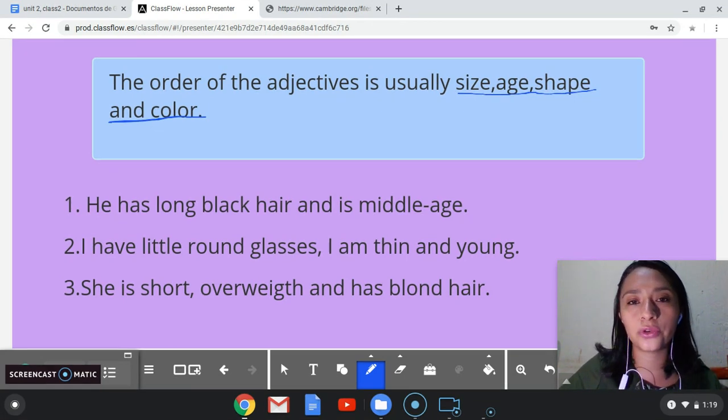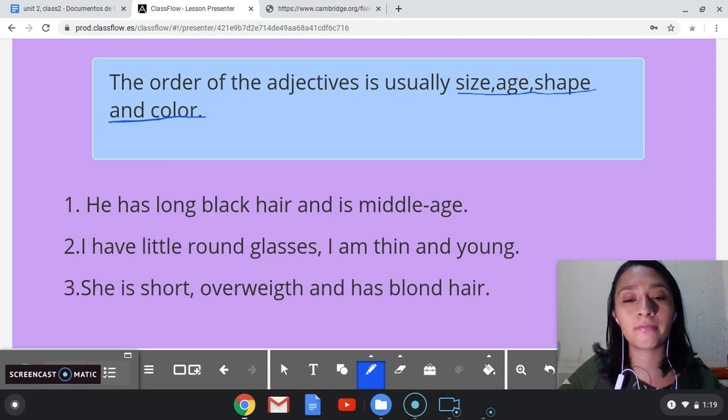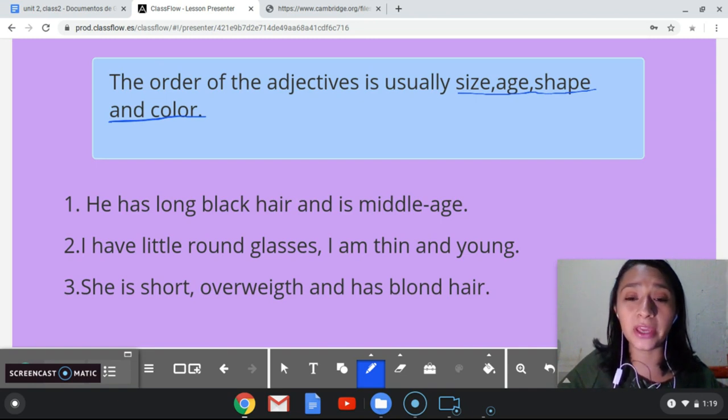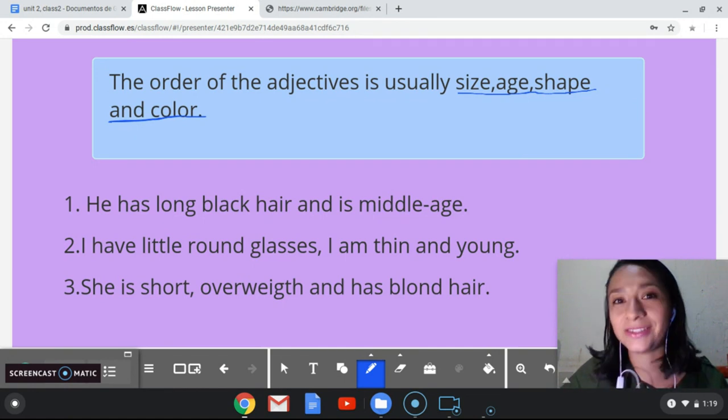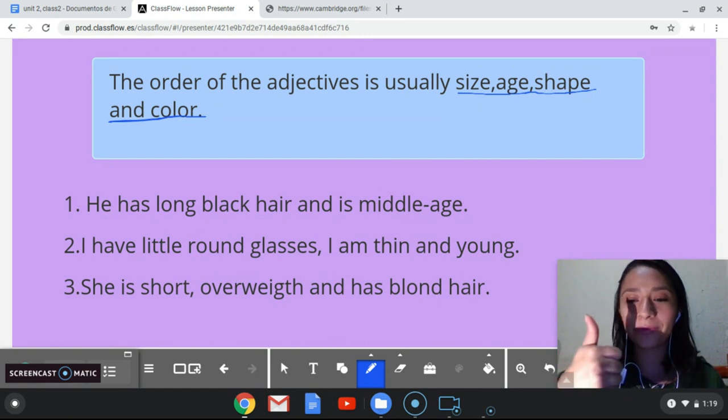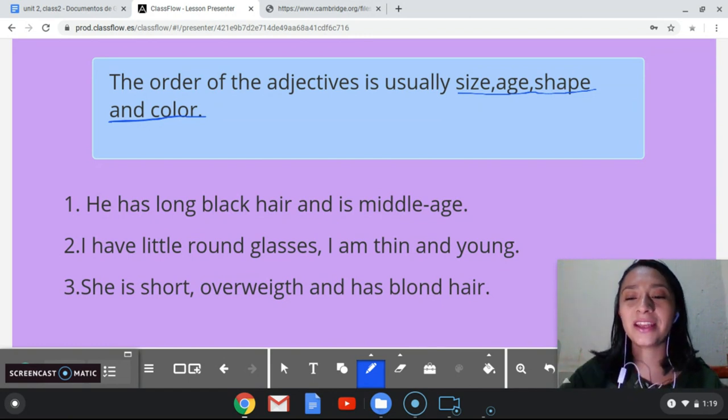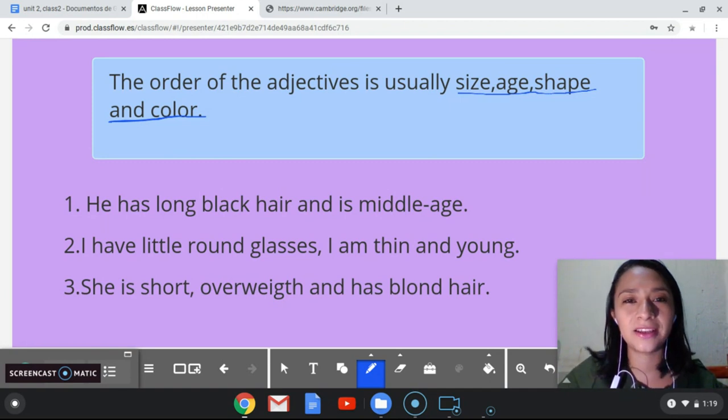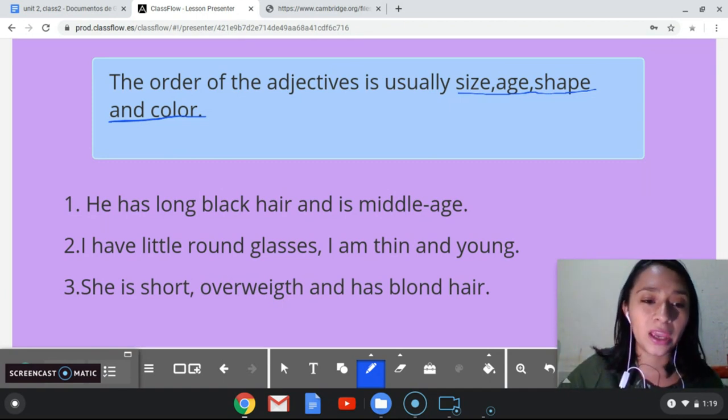So which one do you think is the correct way? Okay, so the correct sentence would be I am young, thin, and I have little round glasses. Okay, so really good. If you did it like that, you just do a check. And we will go with number 3.